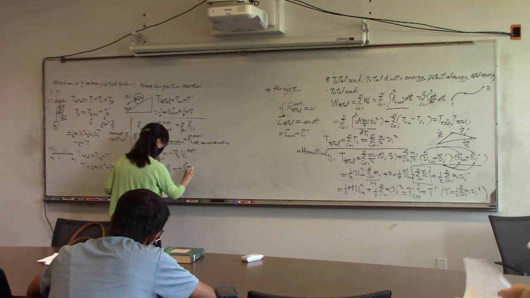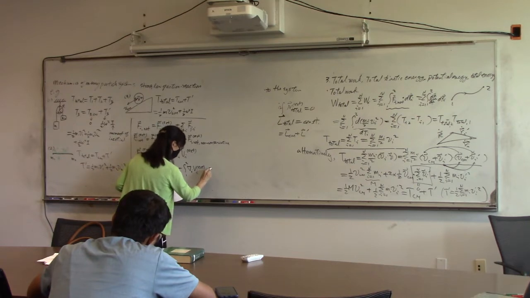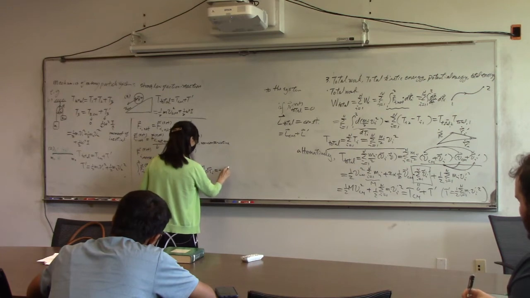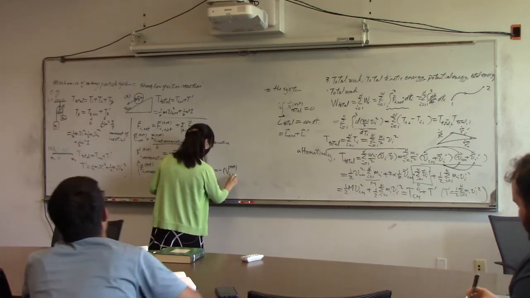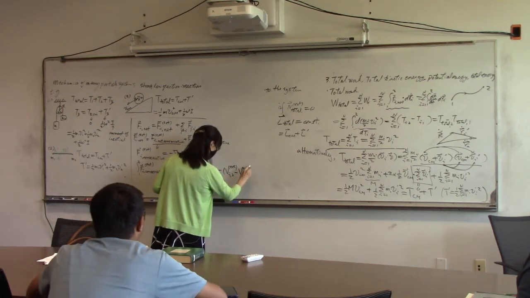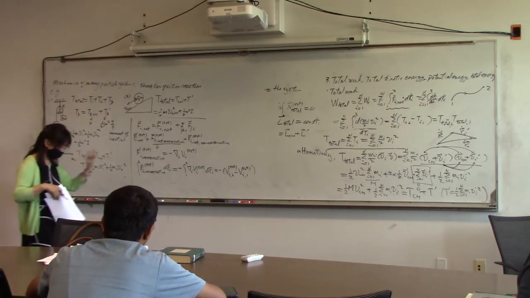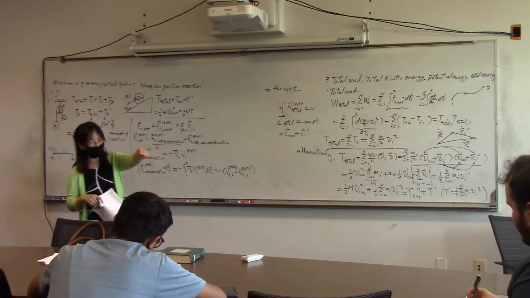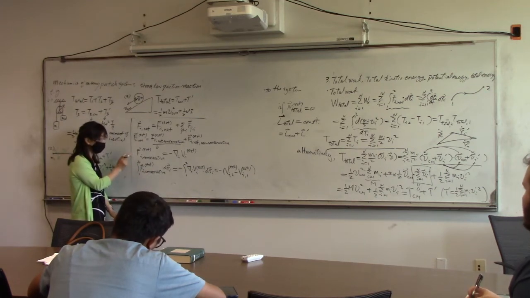So that gives us the difference: negative of V_i external at position 2 minus V_i external at position 1, right? Just the difference, because we know the work done by a conserved force does not depend on path, just on the initial and final position.